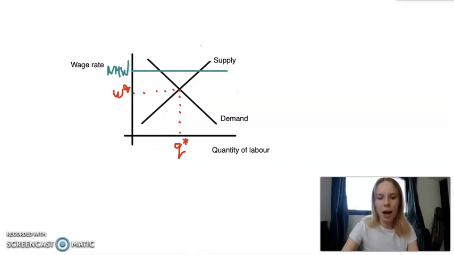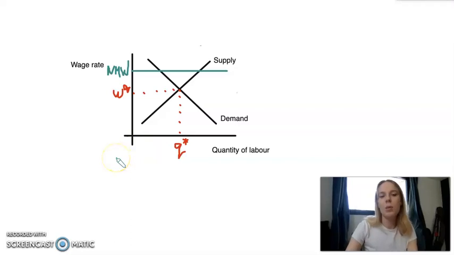Now we can look at what is happening here. So here, when this wage rate is fixed somewhere above this equilibrium or this market wage rate, we can see that supply of labour, which is where the supply curve intersects this new wage rate, is greater than the demand for labour, which is here.